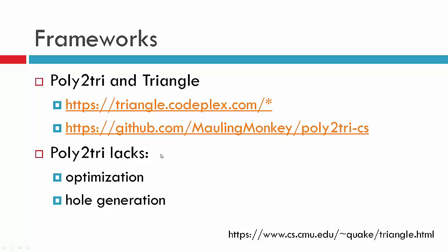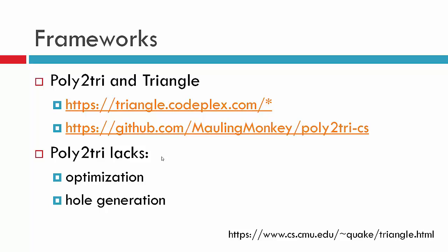At first I tried to implement poly2tri and use it in Unity, but I figured out that there are mainly two disadvantages. The first is optimization of the generated mesh. You cannot set minimum or maximum angles within the triangles. And the second one is hole generation.